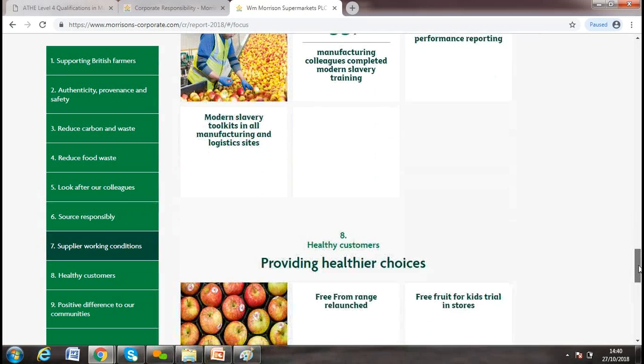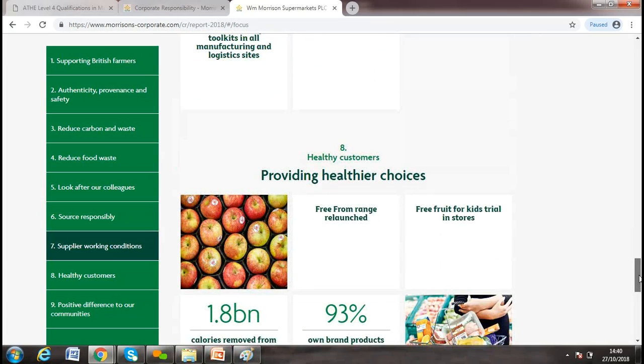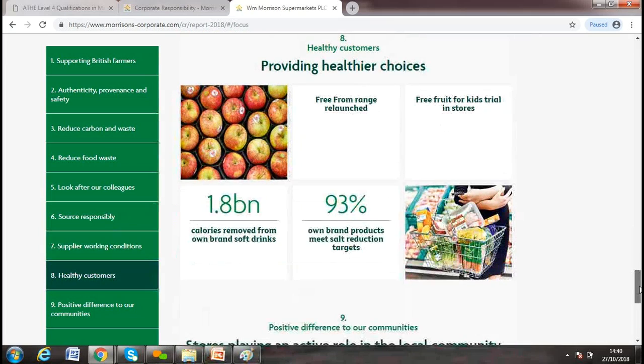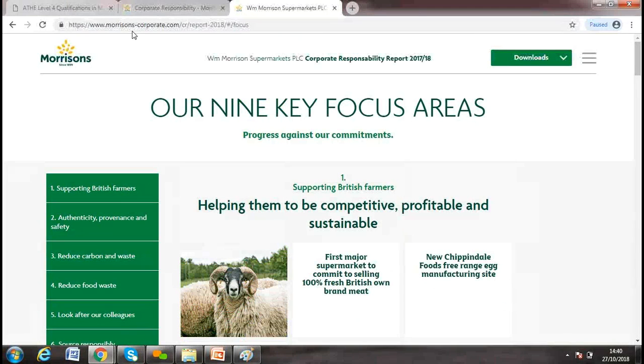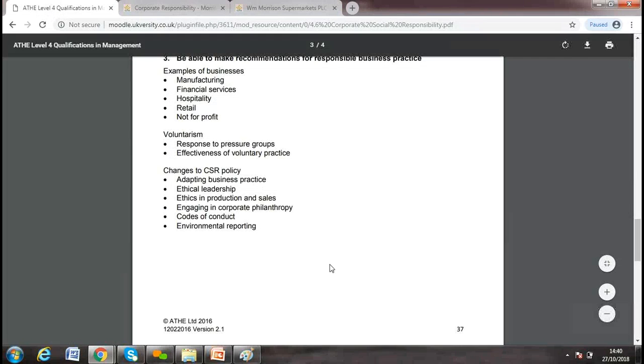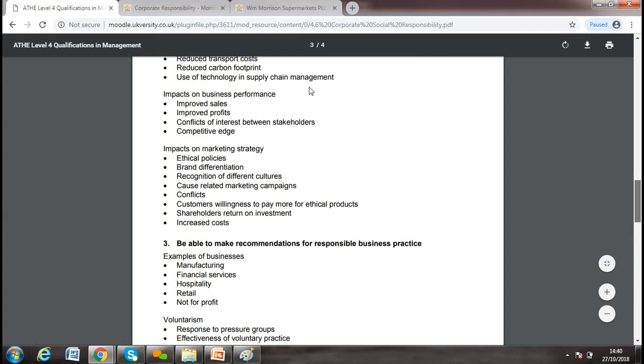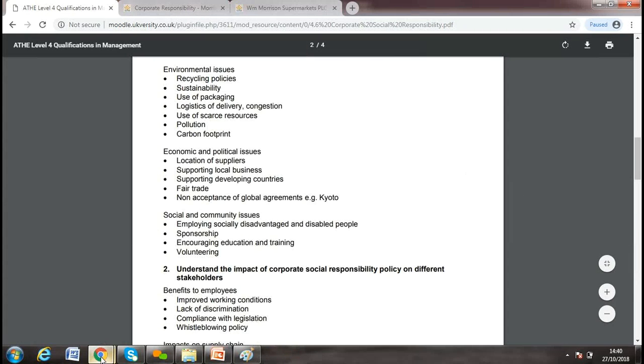If they find somebody is being made to work as a slave, they can report it to the government under legislation as well. All of this comes under corporate social responsibility and we address it under LO3. They set up a code of conduct, ethical policies, the changes the organization makes, and how effective these are.